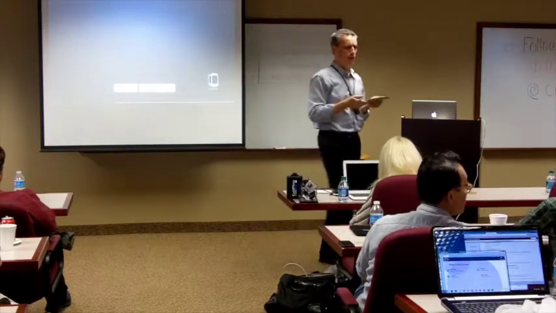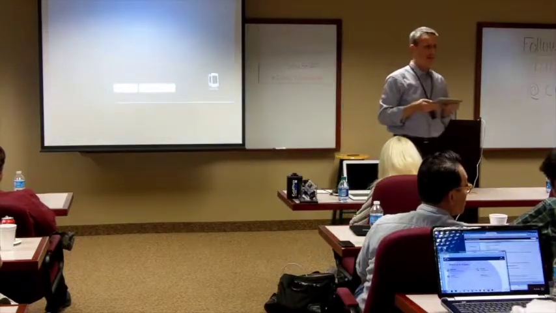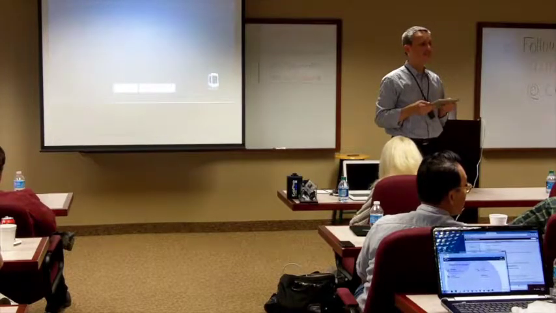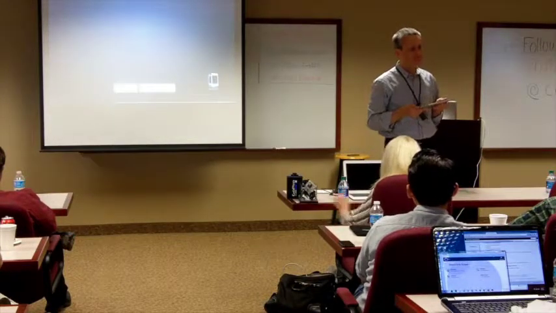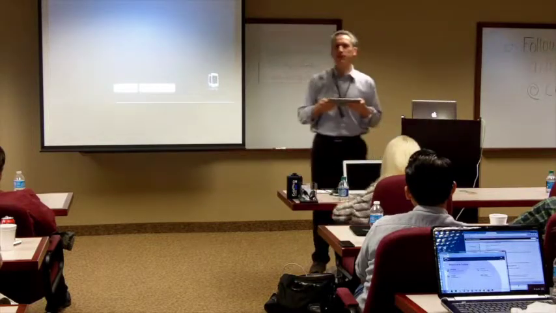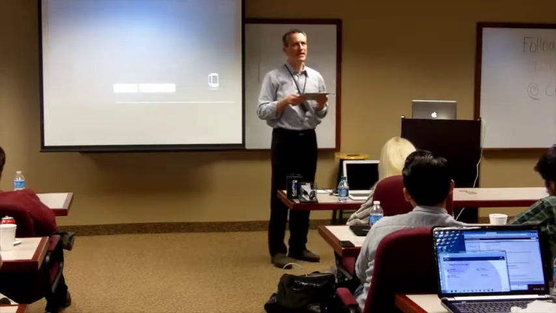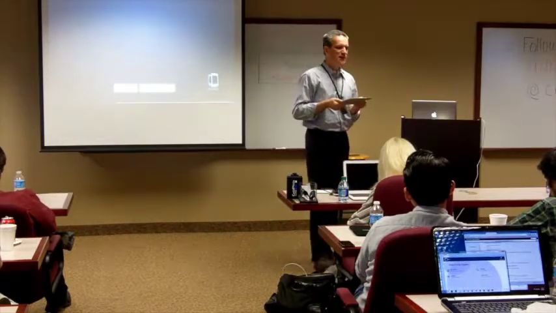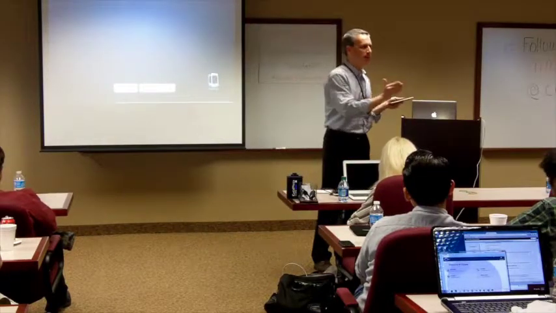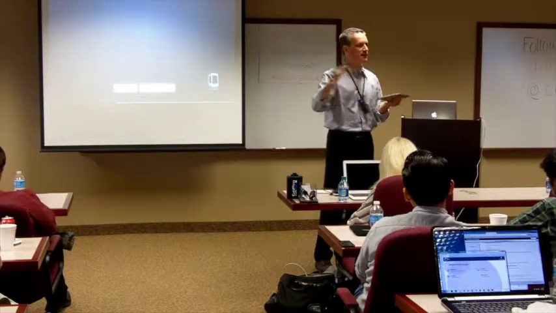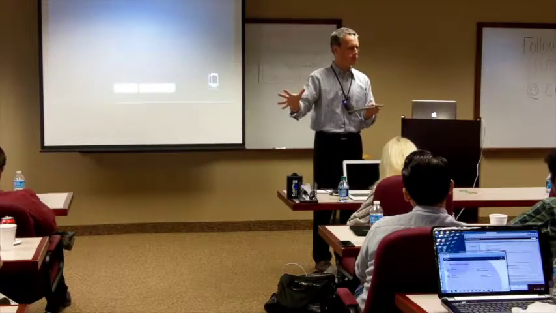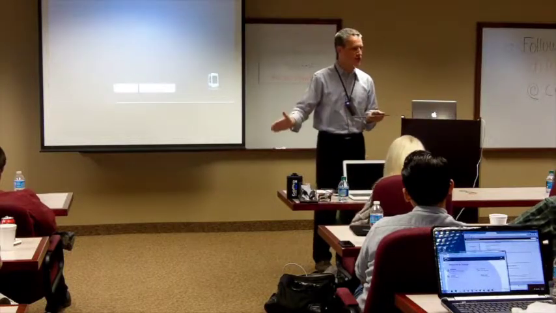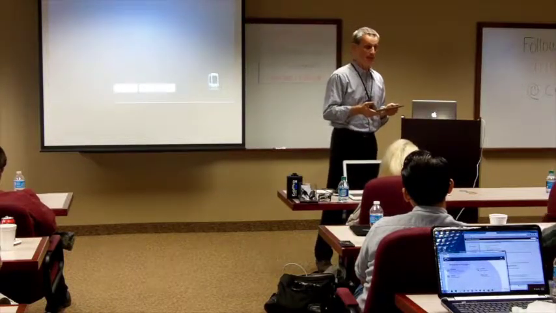Question first. So, quick question. You listed the device APIs up there. If there's some that exist on one device that don't on another, what does PhoneGap do? What do we do if a feature exists on one platform but not on the other platform? So if one platform implements it and 6 don't, then we will probably not implement it. If it's more like 3 and 3, we will probably implement it.